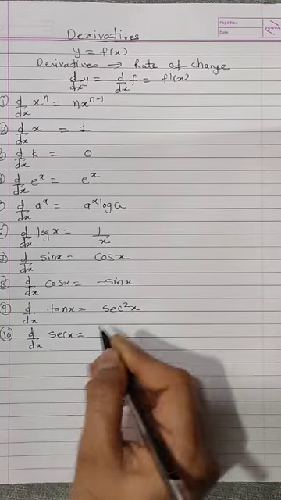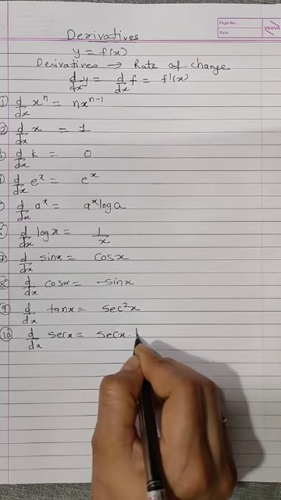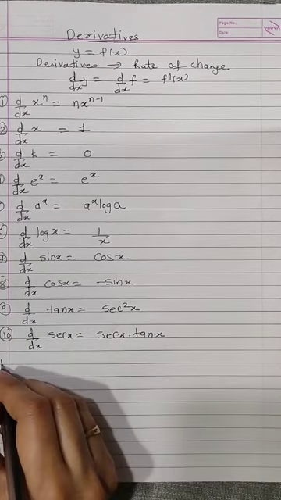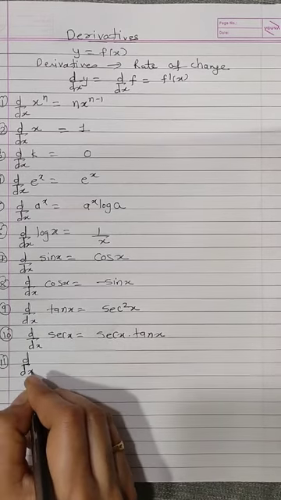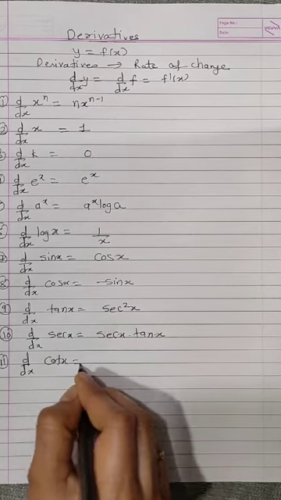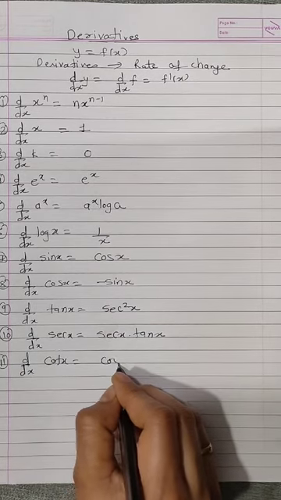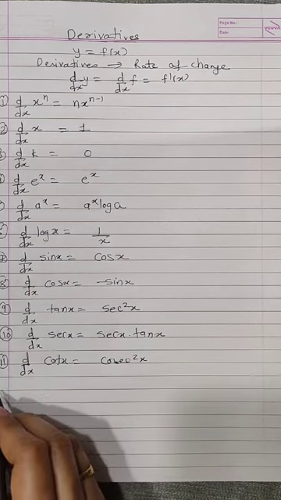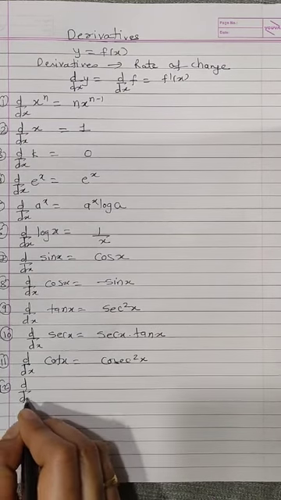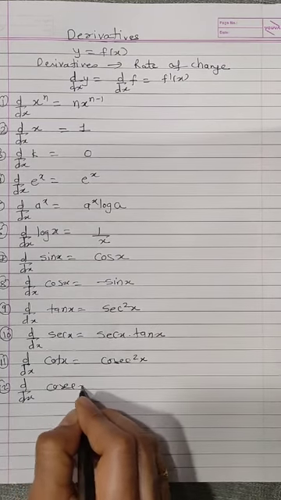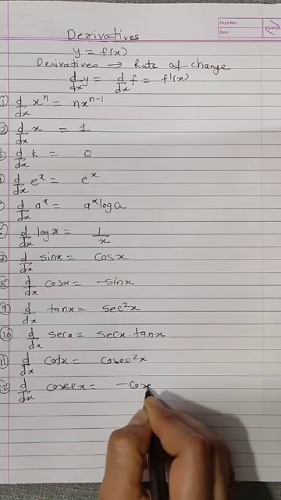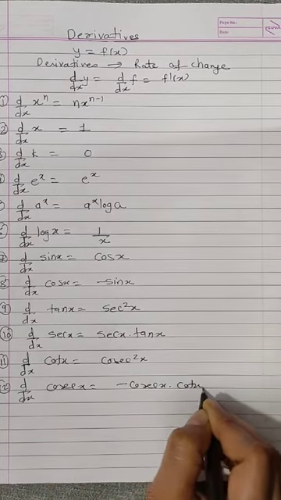Derivative of sec x is sec x into tan x. Derivative of cot x is cosec square x, and derivative of cosec x is minus cosec x into cot x.